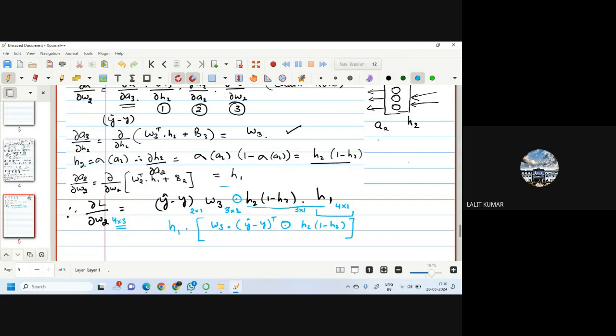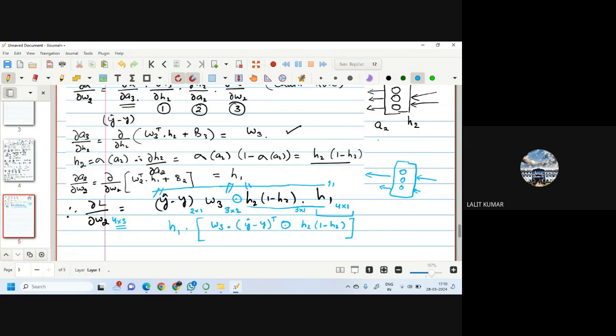So when we are passing through this layer, what we are passing and what we are getting has to be the same size. So the size of this entire part here has to match with this. H1 size is 3 into 1.